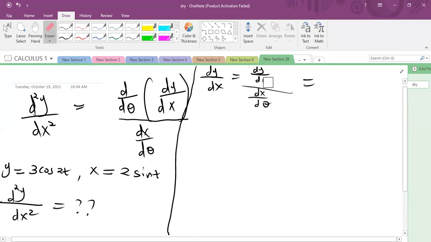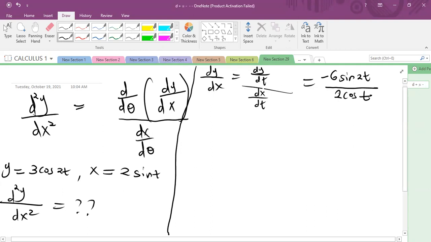Our variables have been given with respect to t, so this will be dy/dt and dx/dt. Now y is equal to 3 cos 2t. Differentiating with respect to t will give minus 6 sin 2t. Over, to get dx/dt, x is equal to 2 sin t, so differentiating with respect to t, we will have 2 cos t.